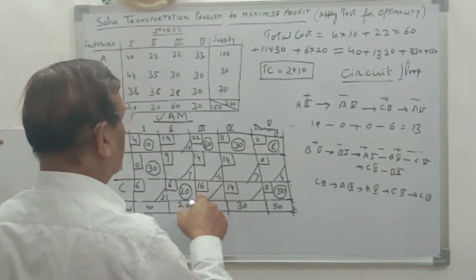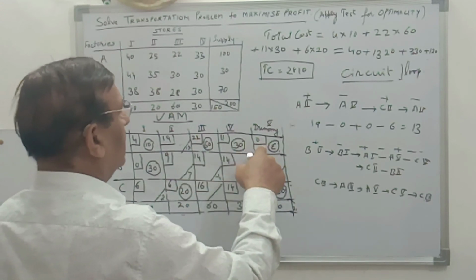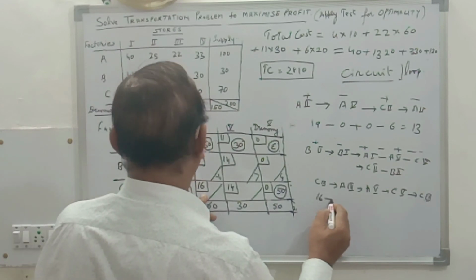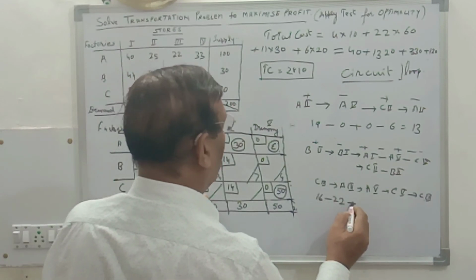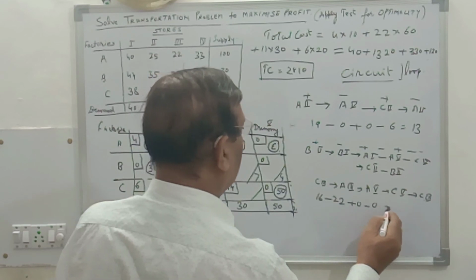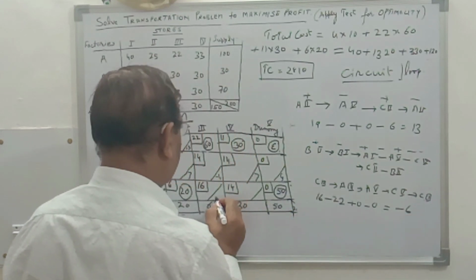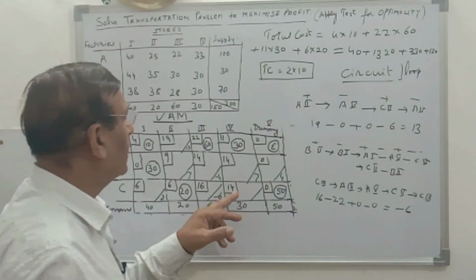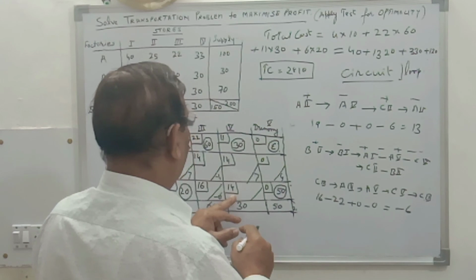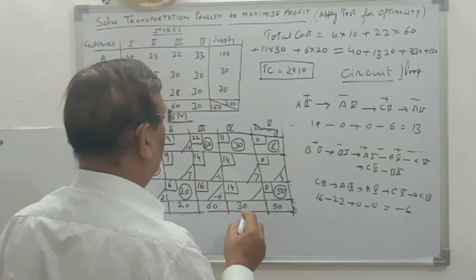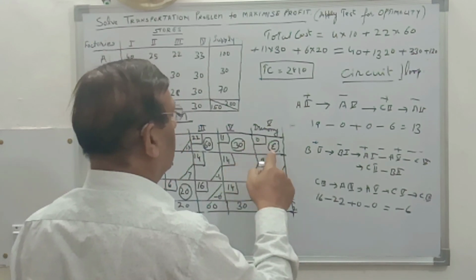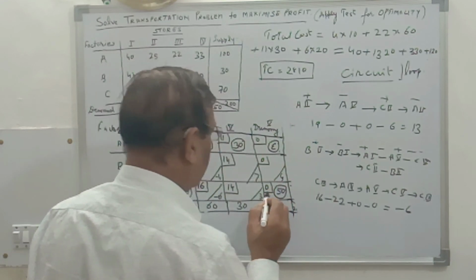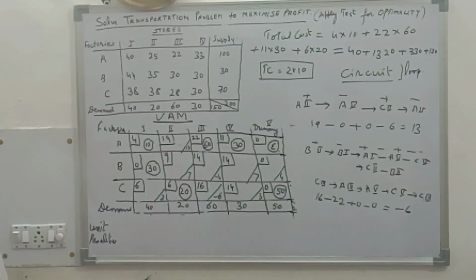From here we are going to this, this and again this. So 16 minus 22 plus 0 minus 0. So this is equal to minus 6. Now 14 is the blank cell. From 14, you can directly go to this and this. 14 minus 11, 0, 0, it is 3. This you have to calculate.